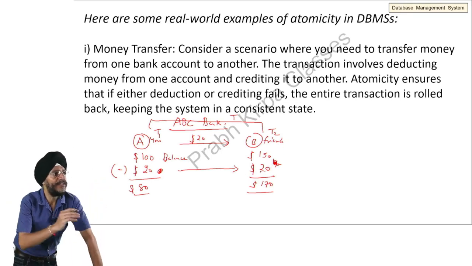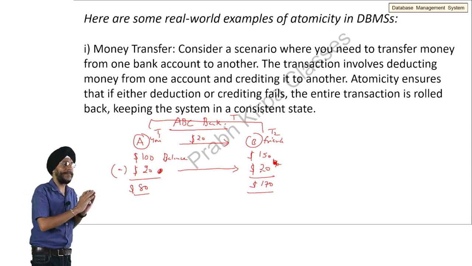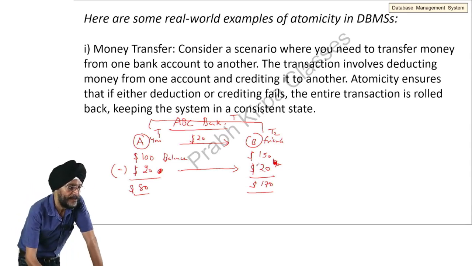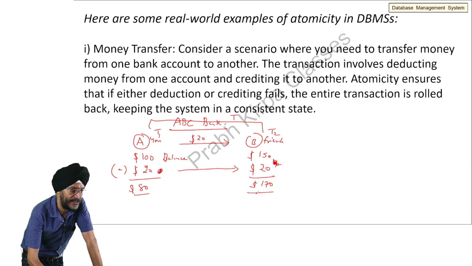Then the atomicity property of DBMS ensures that this whole transaction is reverted back.